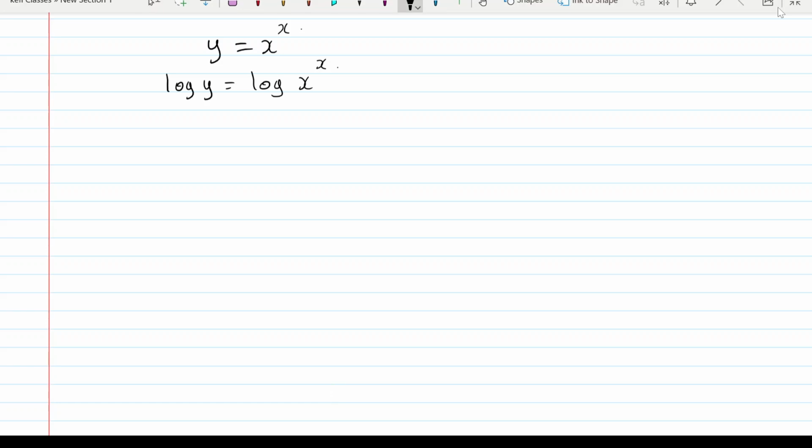Okay, so now use the laws of logarithms, and that is log y is equal to x into log x. The one we have used right now is log a raised to m is equal to m log a. Right? Once you do this, you have to take the derivative.